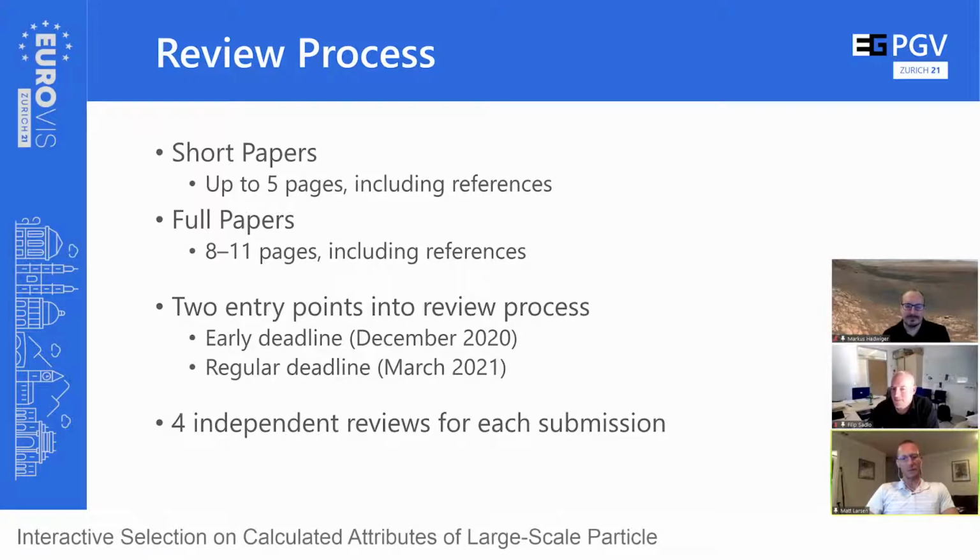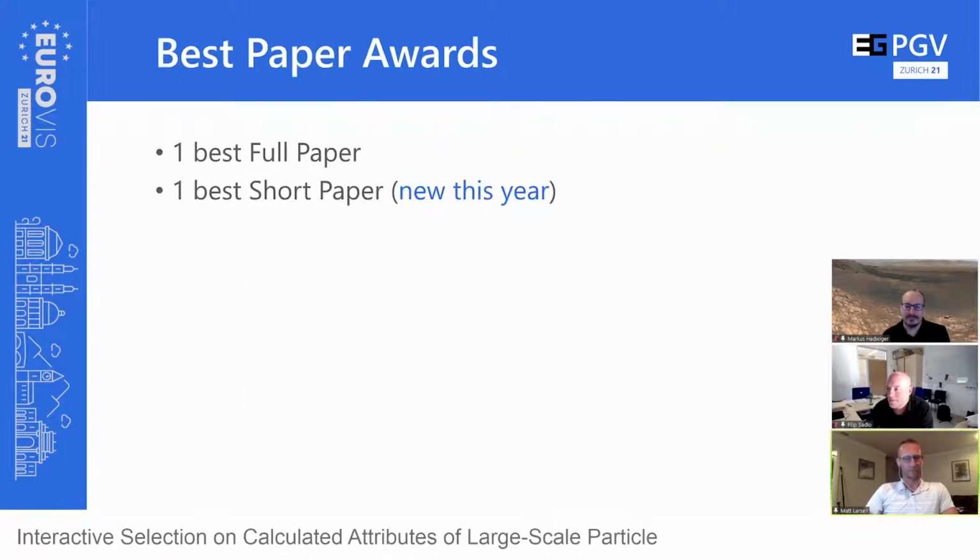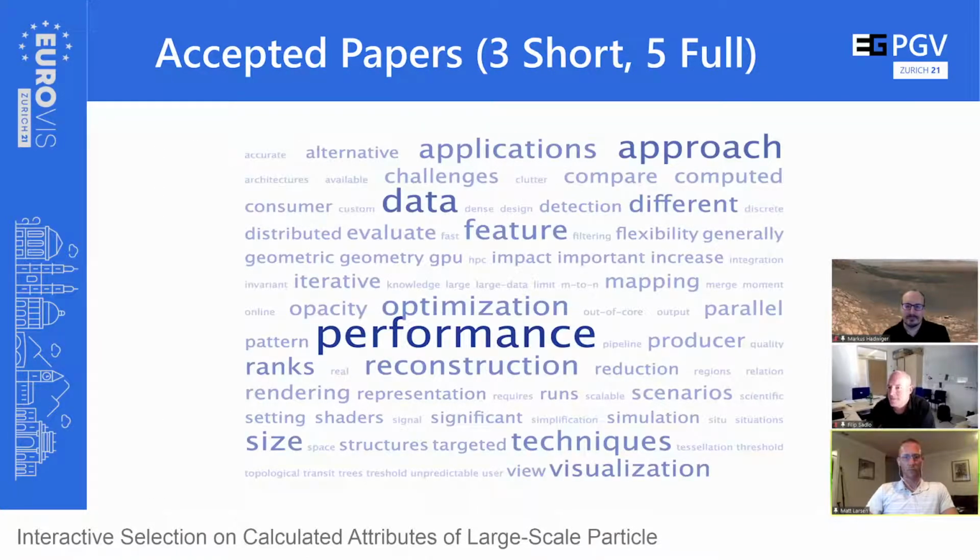The early submission process has been very successful, and it provides us an opportunity to shepherd papers through several revision phases to successful submission. And we had 4 independent reviews for each submission. Of the accepted papers, we had 3 short papers and 5 full papers.